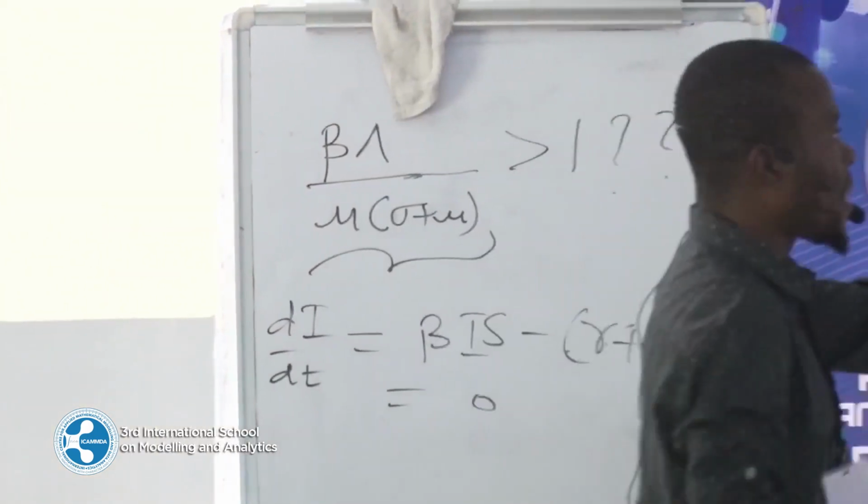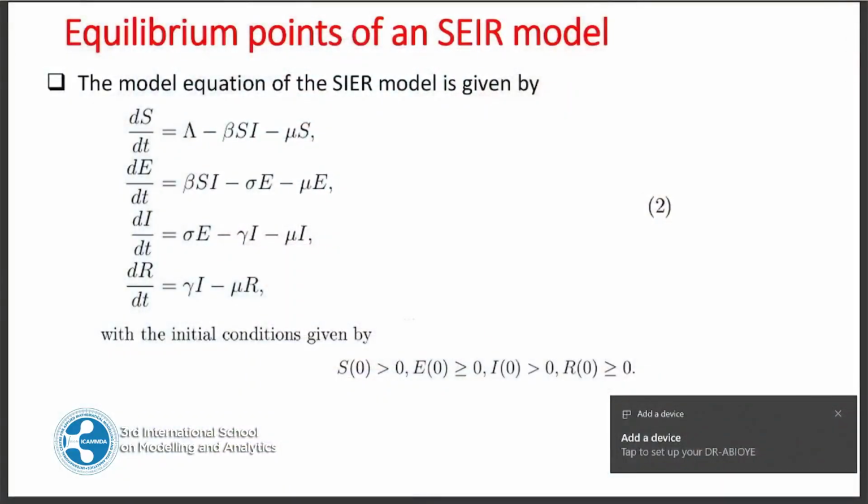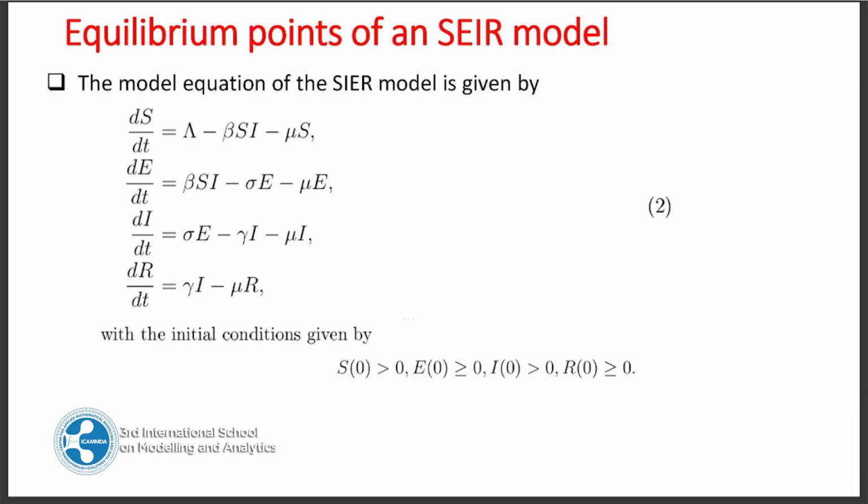But when we look at the case of the SEIR model, what is contributing to the complexity of the nonlinear model is that nonlinear term, which is beta SI, isn't it? In this case, we don't have any common factor.